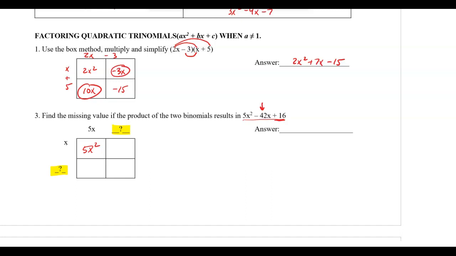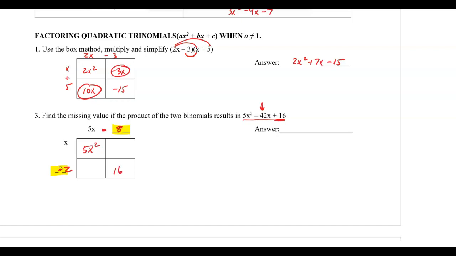So I know if this is positive and the middle term is negative, both of them have to be minus signs. Now, I'm going to just go ahead and try 5x minus 8, x minus 2. Because I know right away that negative 8 times negative 2 will give me my 16.